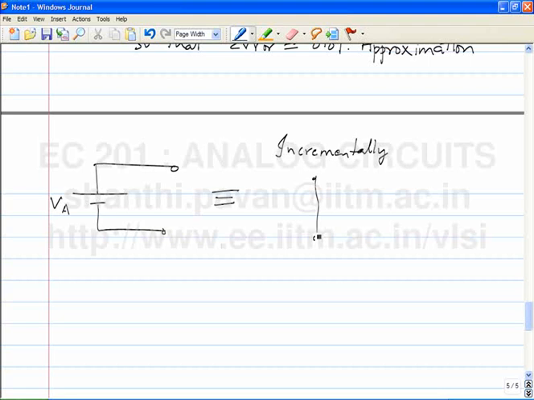So even though this is a nonlinear device, any amount of signal qualifies as a small signal. Does it make sense? And that's because the I versus V characteristic is just basically a straight line. Similarly, let me give you another example of a nonlinear element. Incrementally, this is RA.